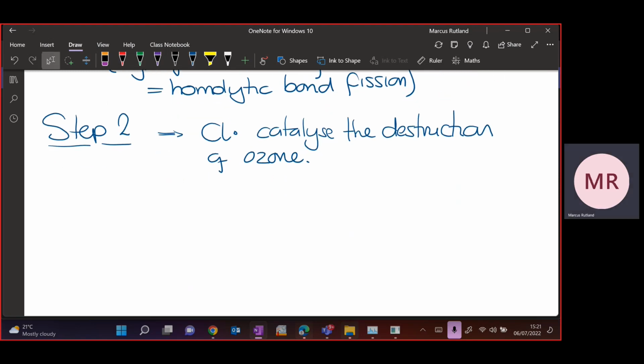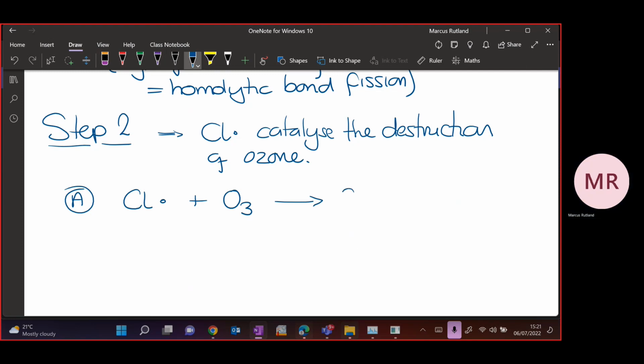Okay, so how does that happen? Part A of step two, a chlorine radical reacts with an ozone. And do you remember what they did when we looked at the radical substitution of alkanes? Radicals grab atoms off other molecules. They kind of poach atoms off the molecule. So you get a ClO where it grabs an oxygen.